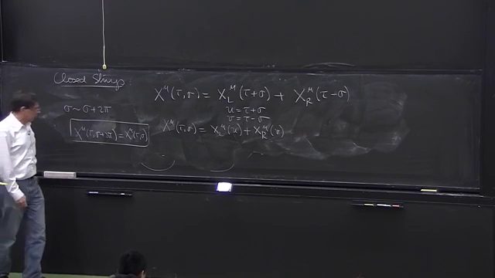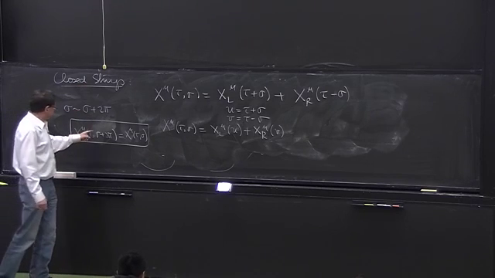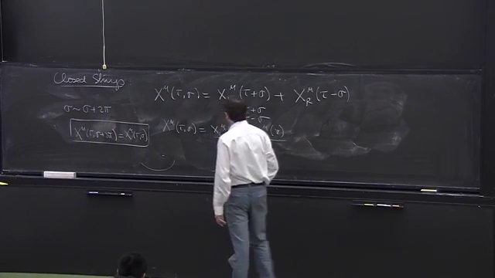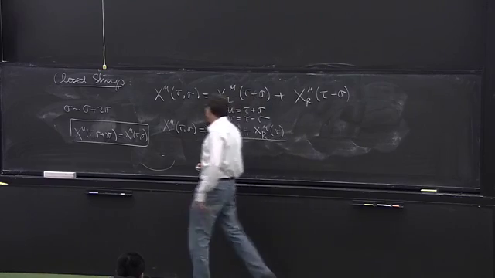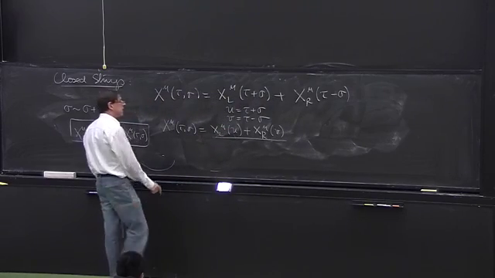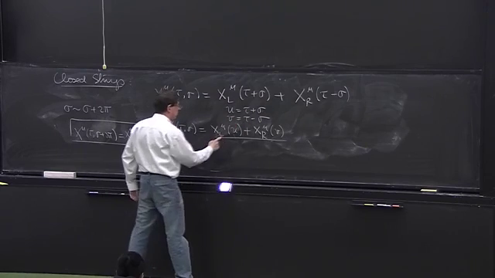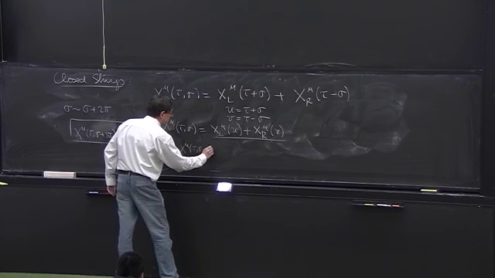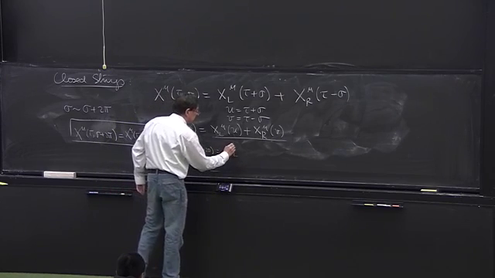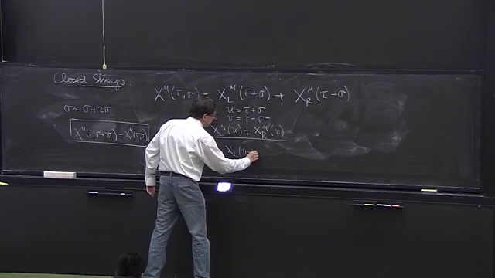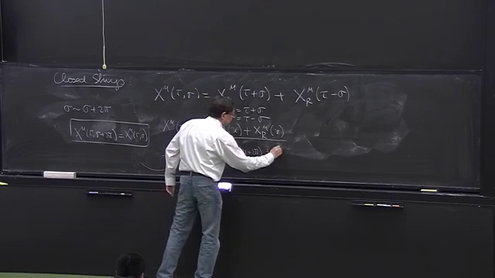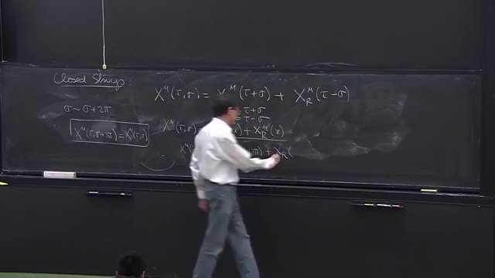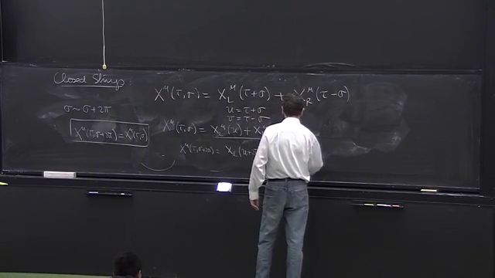What does this tell you? Well, let's just look at this. What is x mu of tau, sigma plus 2 pi? What happens to u when you do sigma plus 2 pi? u increases by 2 pi. So this x mu of tau, sigma plus 2 pi is x left of u plus 2 pi plus x right of v, which on the other hand decreases by 2 pi, v minus 2 pi.